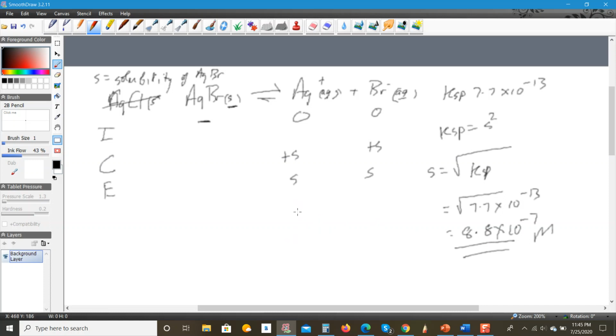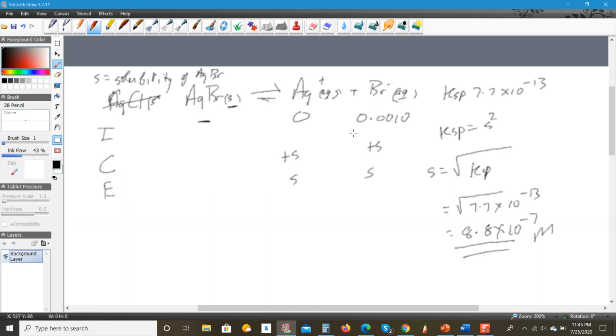All right, now the next part of the question says, what's the molar solubility of silver bromide in 0.0010 M sodium bromide? So what that means is that I'm going to make a change here. Let me erase this here. So instead of 0 here, you're going to have 0.0010 M of bromide, all right?